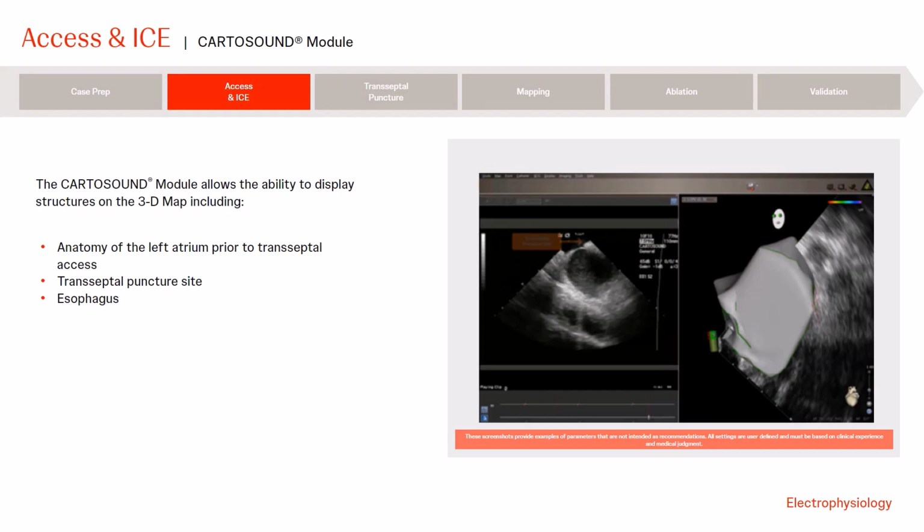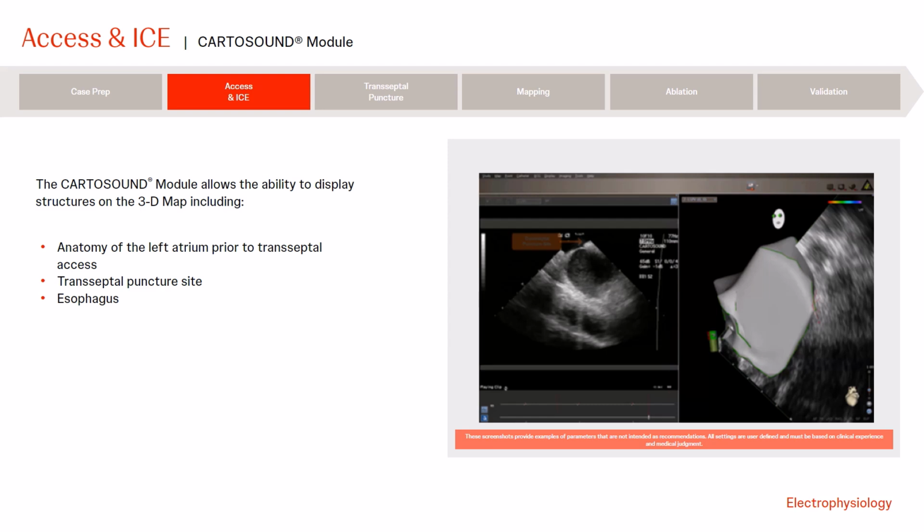Following use of the AccuResp module, intracardiac echocardiography may be used to create and display a Carto3 system three-dimensional map. An intracardiac echocardiogram is an ultrasound image taken from inside the heart.